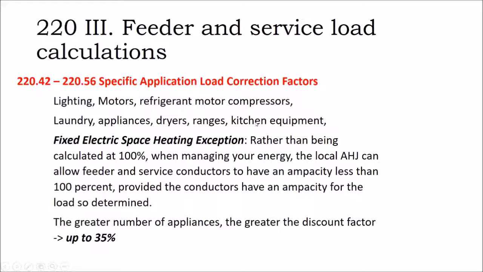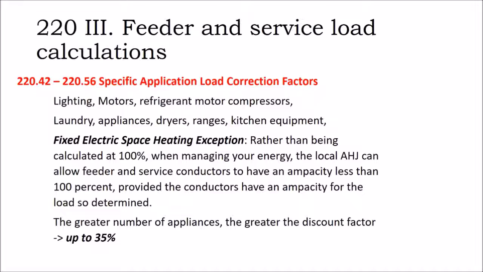Back to what these correction factors are when we're sizing our feeder circuits. We have different correction factors for lighting circuits, motors, and space heating. Let's just look at space heating as an example. Rather than being calculated at 100%, when managing your energy, the local AHJ can allow feeders and service conductors to have less than 100%, provided the conductors have the ampacity for the load so determined.